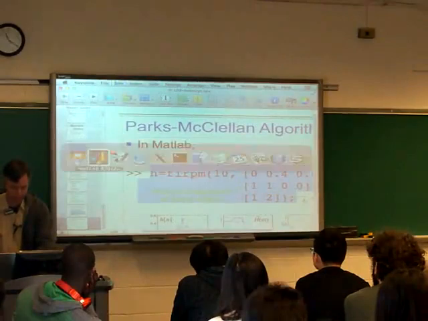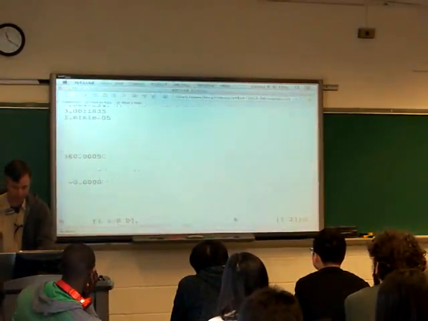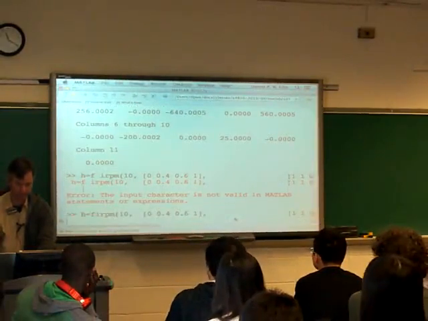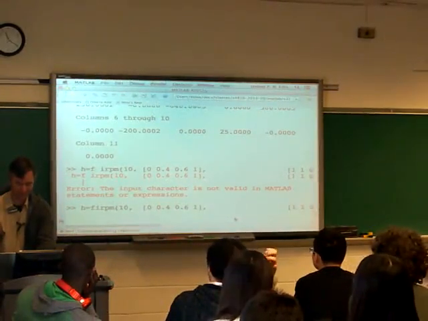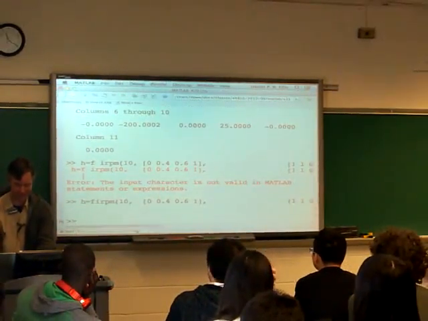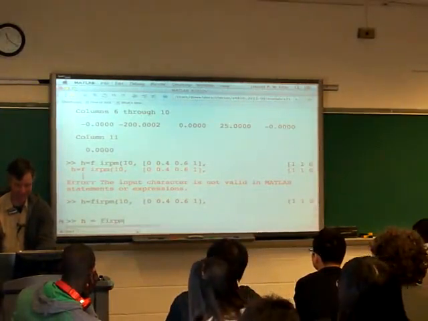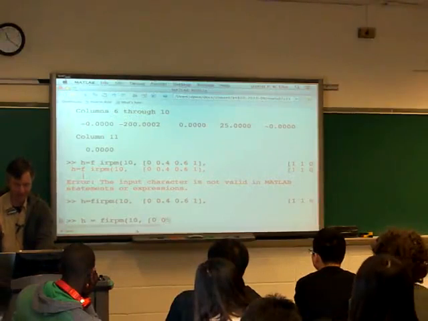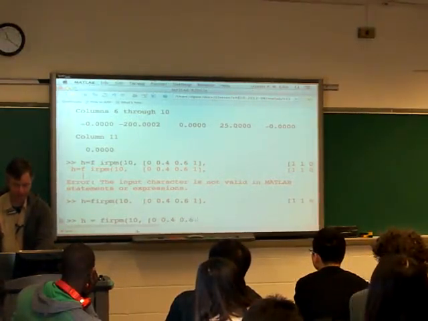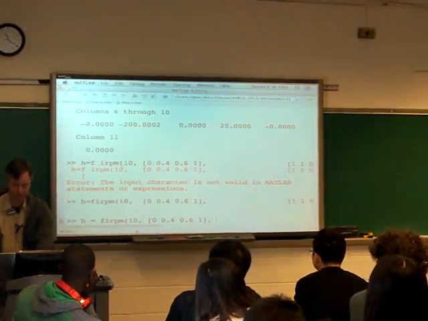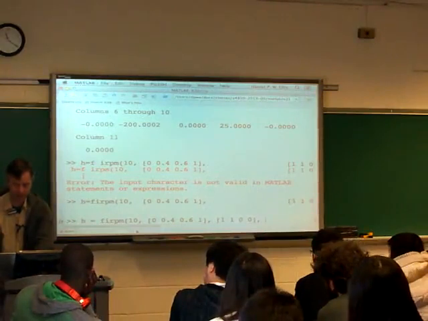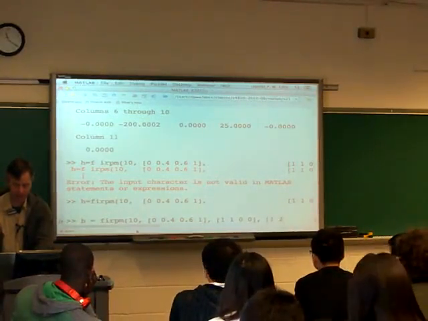Can I copy this? I think I can just copy this and paste it straight into MATLAB. Okay. So 0, 0.4, 0.6, and 1, then 1, 1, 0, 0 to make a low pass here. And then the error weights, 1, 2.